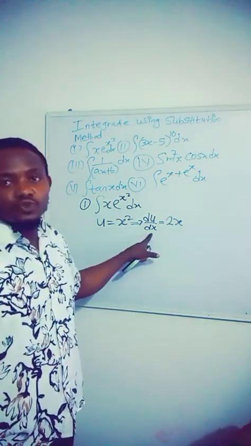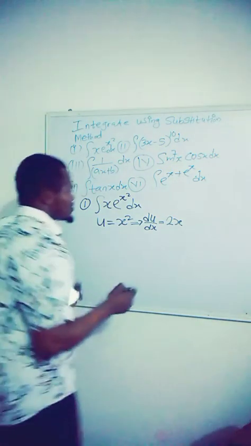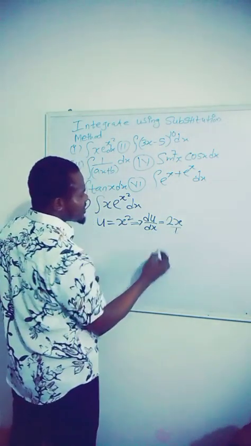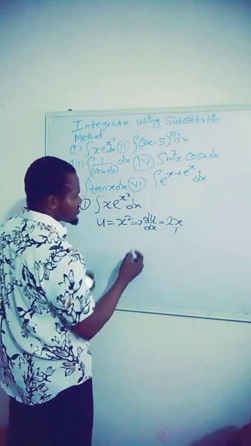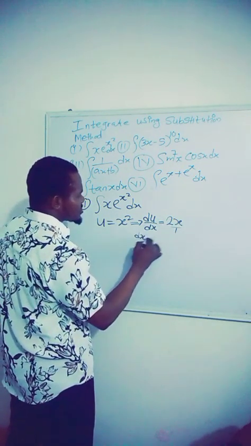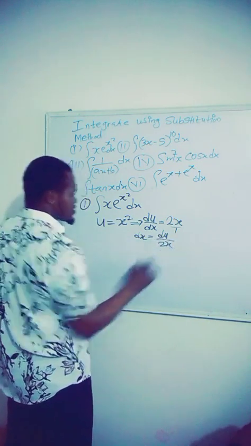Now make dx the subject of formula. So dx is equal to du over 2x.